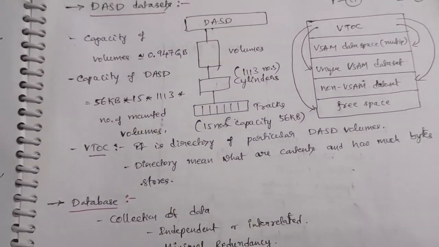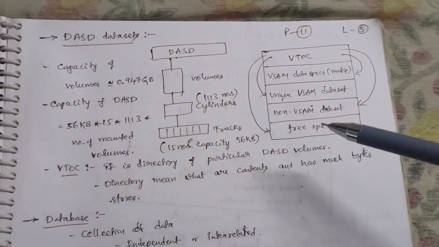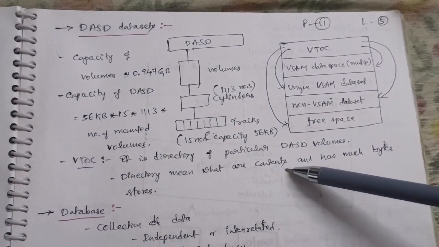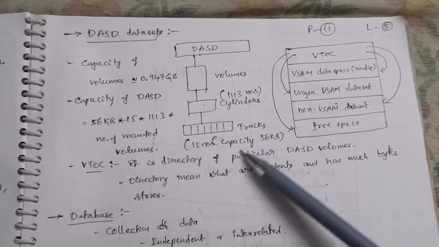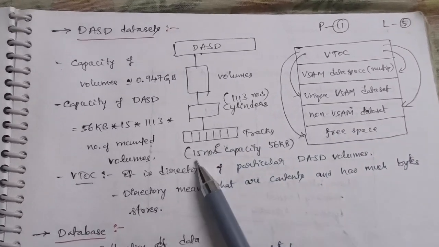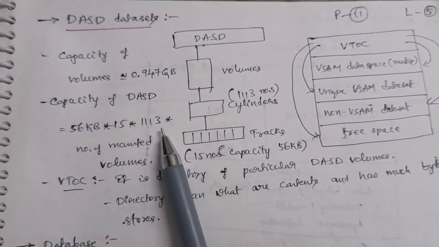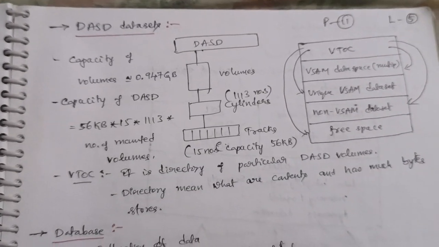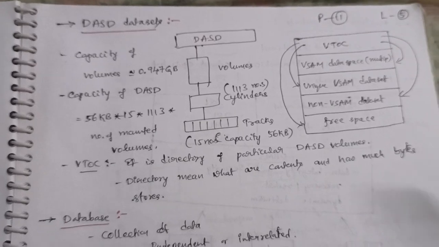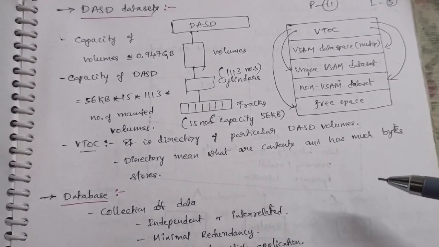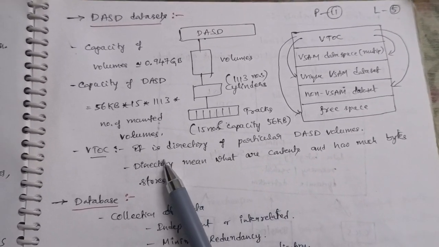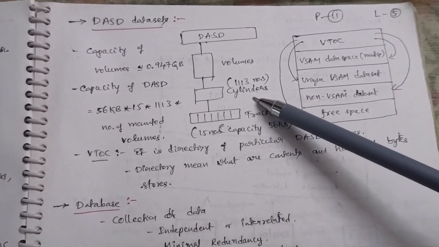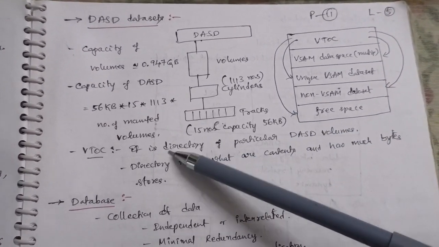Coming to the DASD devices, how the DASD is structured and its capacity, we can see that these are the DASD devices. The capacity of the DASD volume contains 0.947 GB. The capacity of DASD is a multiple of 56 KB, multiplied by a number, and for one volume we have to decide how many cylinders and tracks.